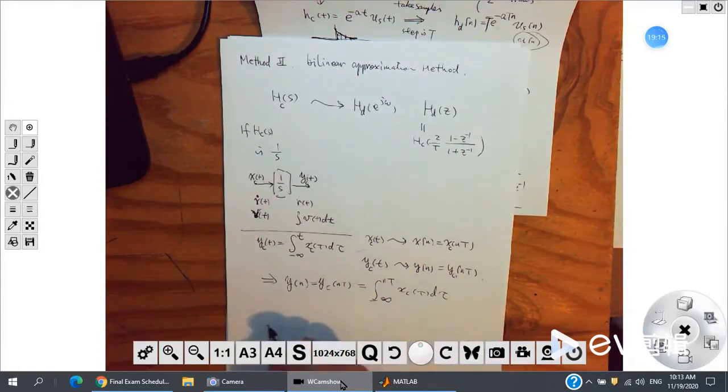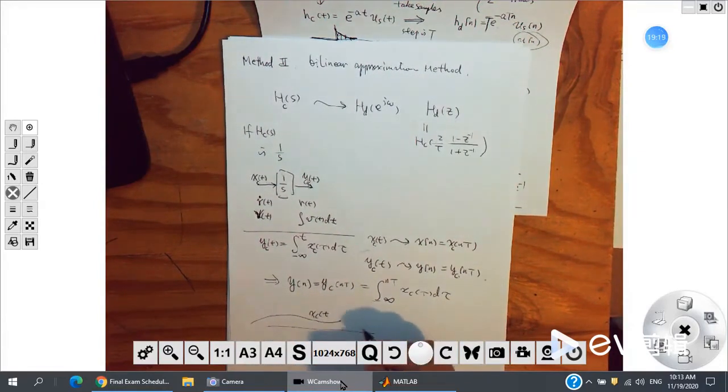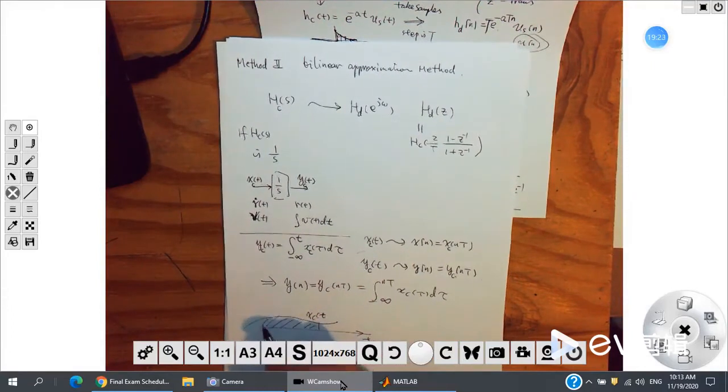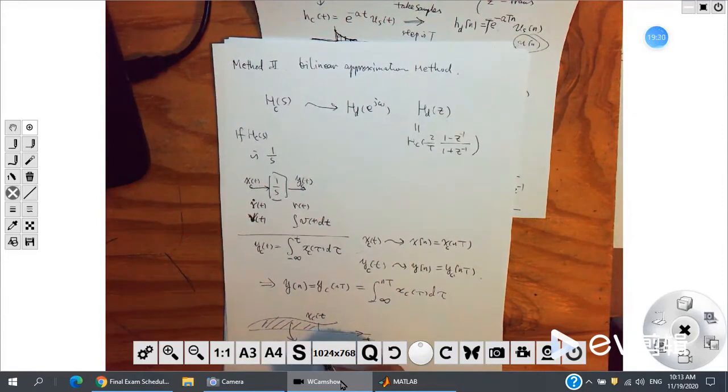Look at this. If this is x_c(t), then the area is y_c(nT), where t equals nT.